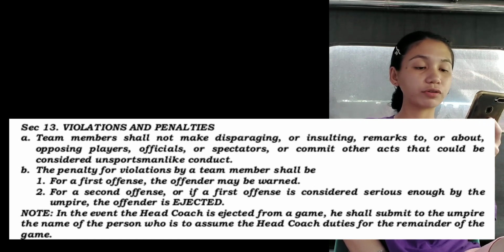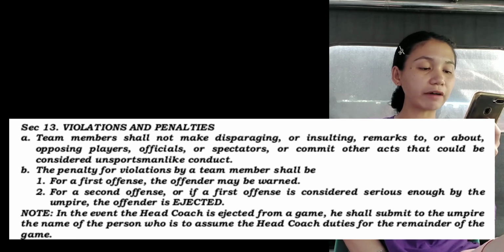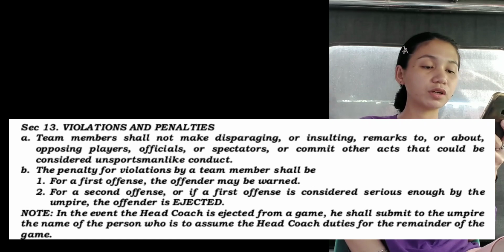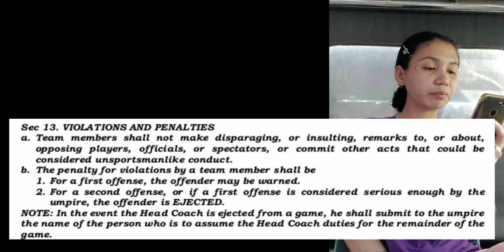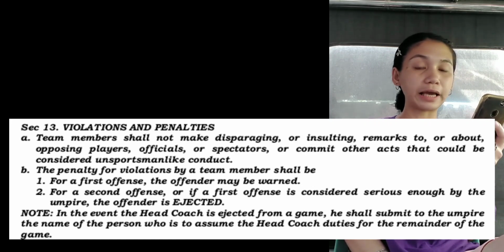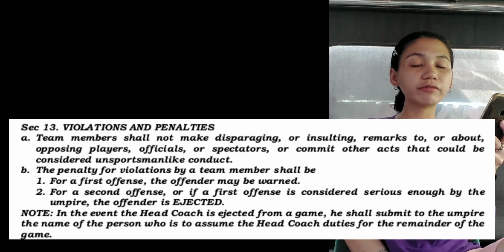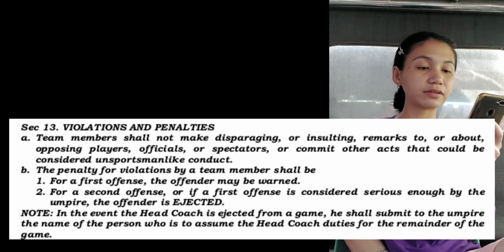Second, for a second offense, or if a first offense is considered serious enough by the umpire, the offender is ejected. So note that in the event the head coach is ejected from a game, he shall submit to the umpire the name of the person who is to assume the head coach duties for the remainder of the game. So that is rule number 4, section 13, the violations and penalties.